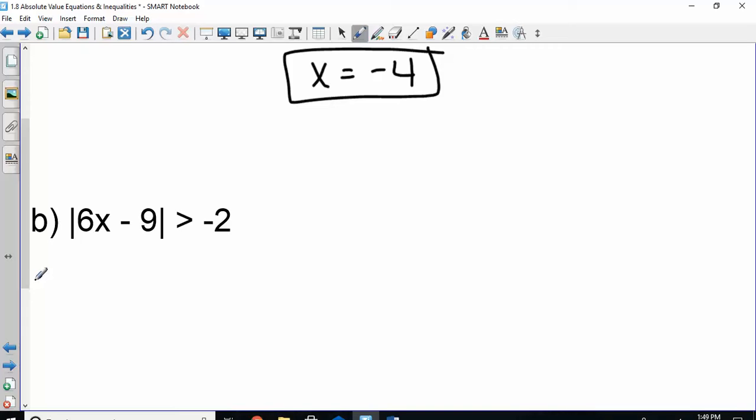Well, you still have to isolate your absolute value first, so let me start there. If you have a negative on one side, you can't just stop. You have to isolate your absolute value. But then let's just think about this. An absolute value is what kind of number? Positive. When is a positive greater than a negative? Always. So do I even have to solve this? No. What could I write down?